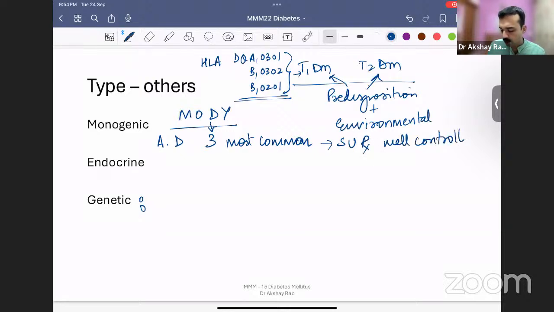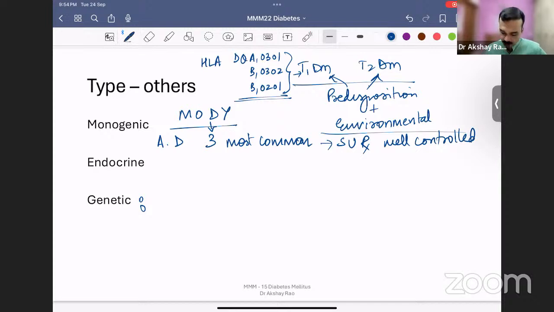So that makes you think, such a young individual having well-controlled diabetes requiring only oral anti-diabetic agents. First of all, if it's type 1 diabetes, sulfonylurea is of no use, no role, because the pancreatic beta cells are already not there. You can't expect whatever is remaining to be stimulated by sulfonylureas. That's how they work, they stimulate beta cells for insulin production. You can't use that in type 1.